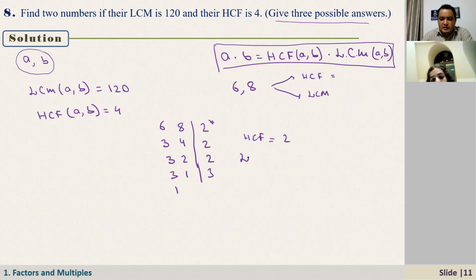It is 2. Least common multiple, 2 times 2 times 2 times 3, which is equal to 24. So the least common multiple of these numbers equals 24. And this one is 2. What is 6 times 8, Selin? It is 48, right? On the right-hand side, what is 2 times 24? It's also 48.